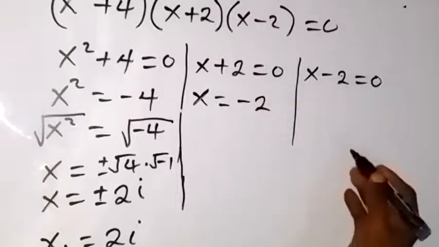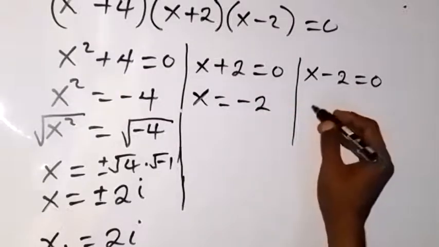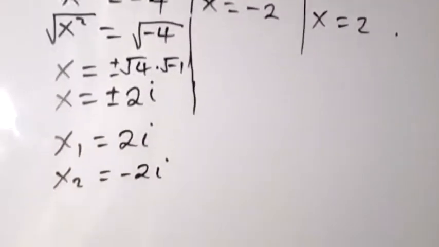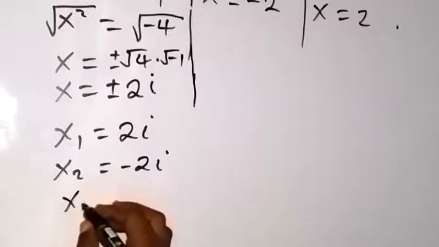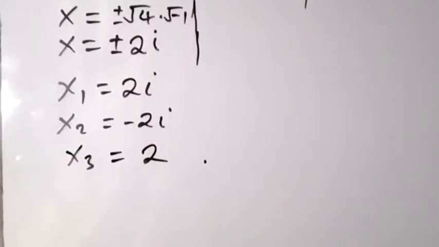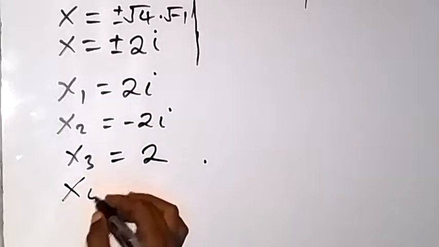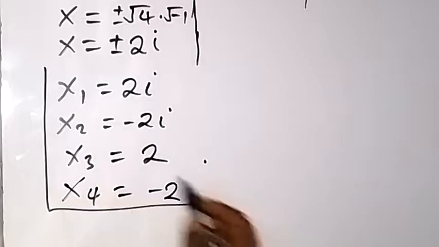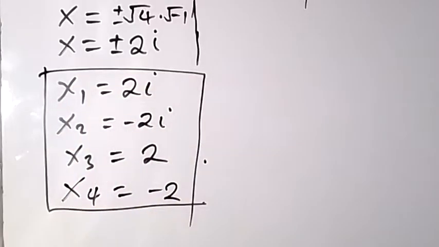From the other side, taking this minus to this side, it becomes plus, so we have x equals 2. So we have the other solutions: x3 equals 2, and x4 equals minus 2. These are the values of x from that particular equation given.